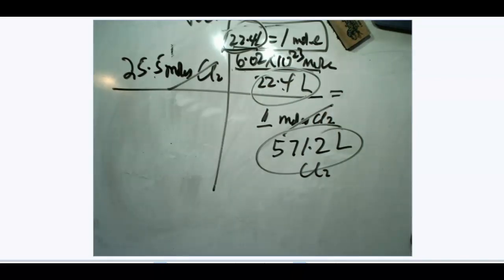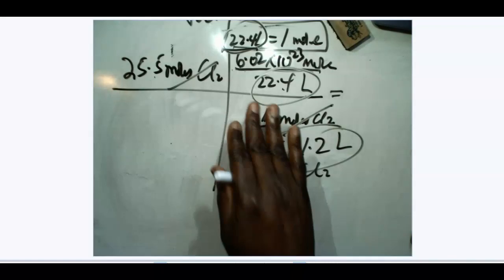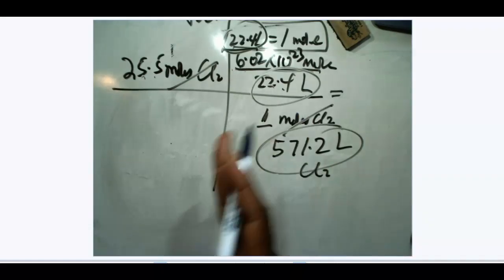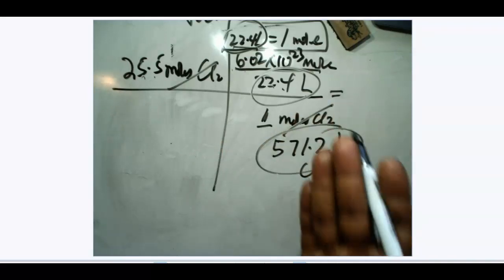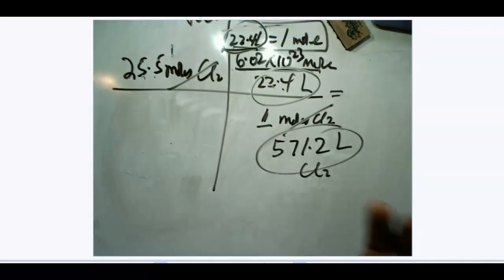That's what you multiply by the number of moles you're given. This question is just one step, 25.5 times 22.4. That's all. They don't normally give you a balanced equation on molar volume. It's always one step.